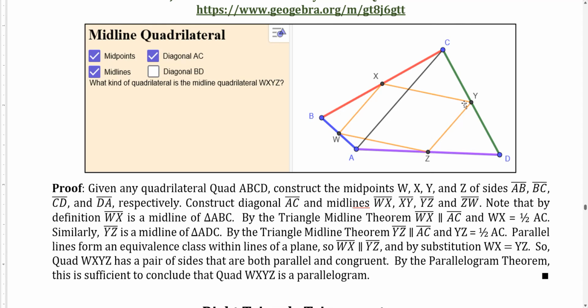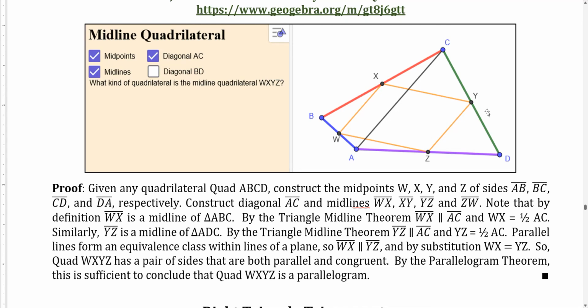Similarly, YZ is a midline of the triangle over here, triangle ADC. And so it's also going to be half as long and parallel to AC. Well, parallel lines are transitive. It forms an equivalence class.